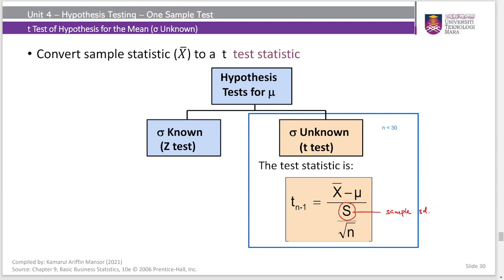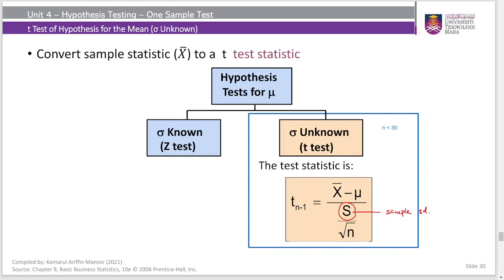Sama je dengan yang sebelum ni. So yang mana kita dah cover sebelum ni sama je dengan apa yang kita belajar sekarang ni. Cuma yang membezakan apa yang kita belajar sebelum ni dengan sekarang ni adalah di mana situasi kita tidak tahu nilai sigma, populasi parameter untuk standard deviation tidak diketahui atau variance tidak diketahui, dan data adalah tertabur secara normal.